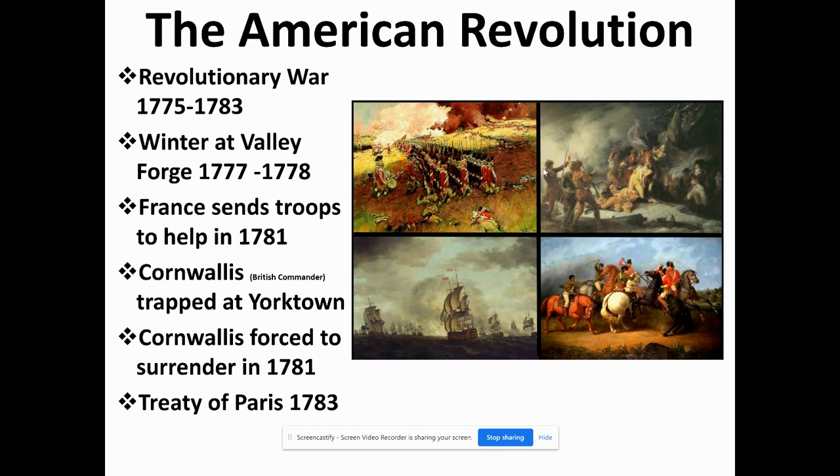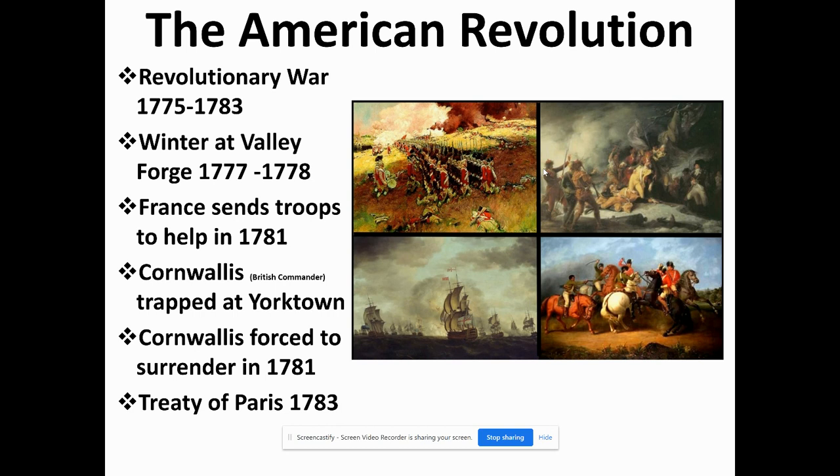And they have to sign a treaty that says that these once colonies are now an independent country. And that country is called the United States of America. And so the Treaty of Paris ends the American Revolution. And now these little colonies that had this little uprising are now ruling themselves.